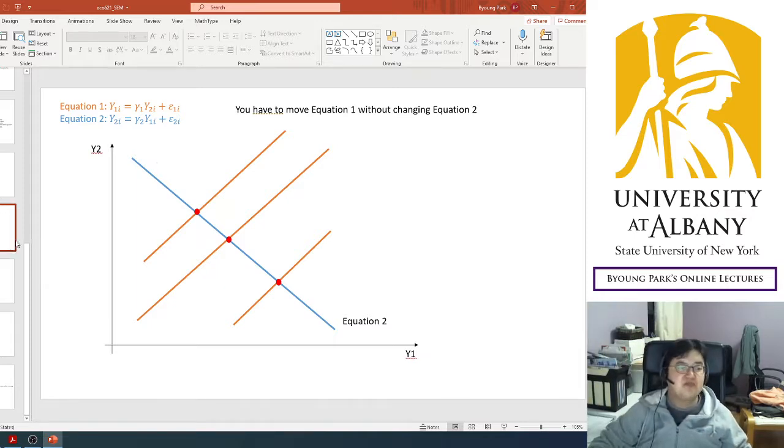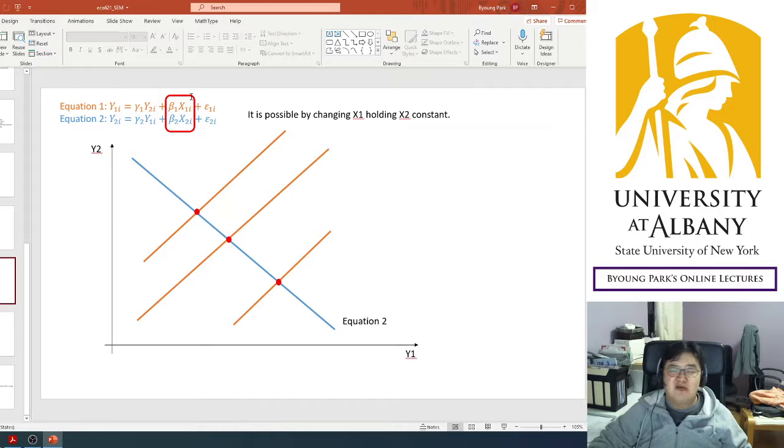varies. The idea is the exogenous variables. The role of the exogenous variables is, remember, demand shifter and supply shifter. When x1 changes, only equation 1 moves. But when x2 changes, only equation 2 moves. So holding one constant and changing the other is possible. Like in this case, fix x2.